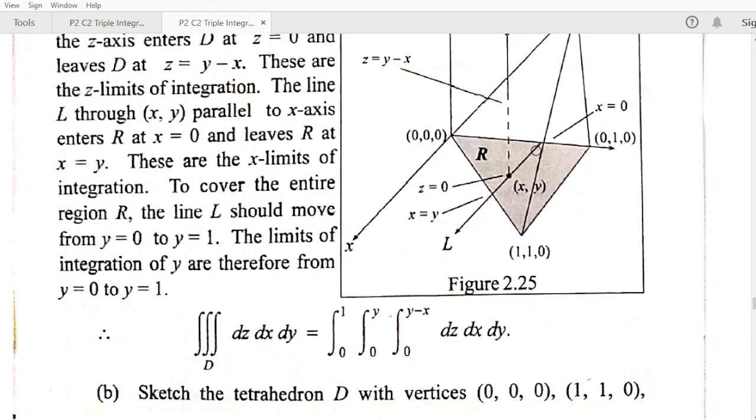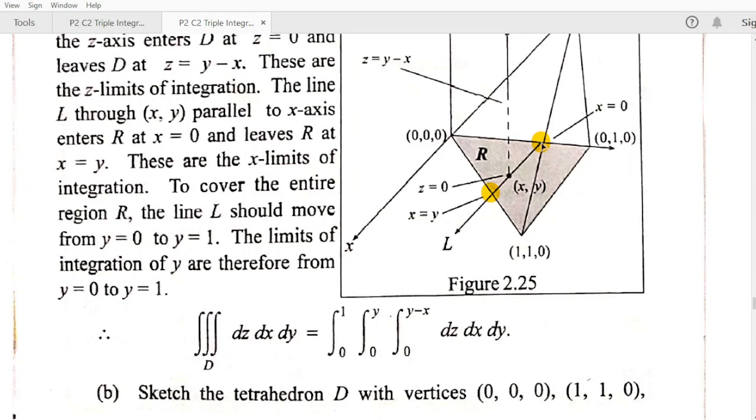We see that this line enters this region at this point and exits the region at this point. So the limit of x is from this point to this point. At this point, which is a point on the y-axis, any value of x on the y-axis is certainly 0.